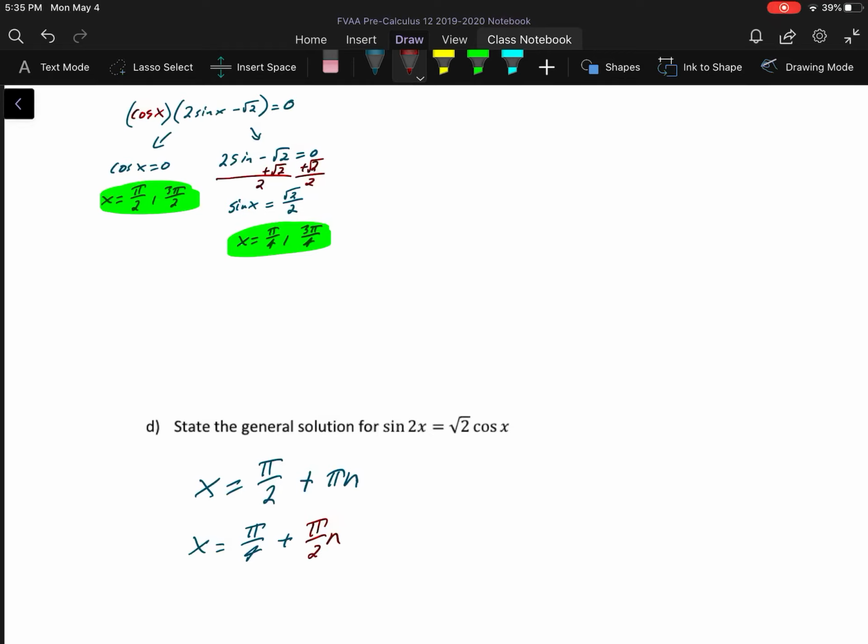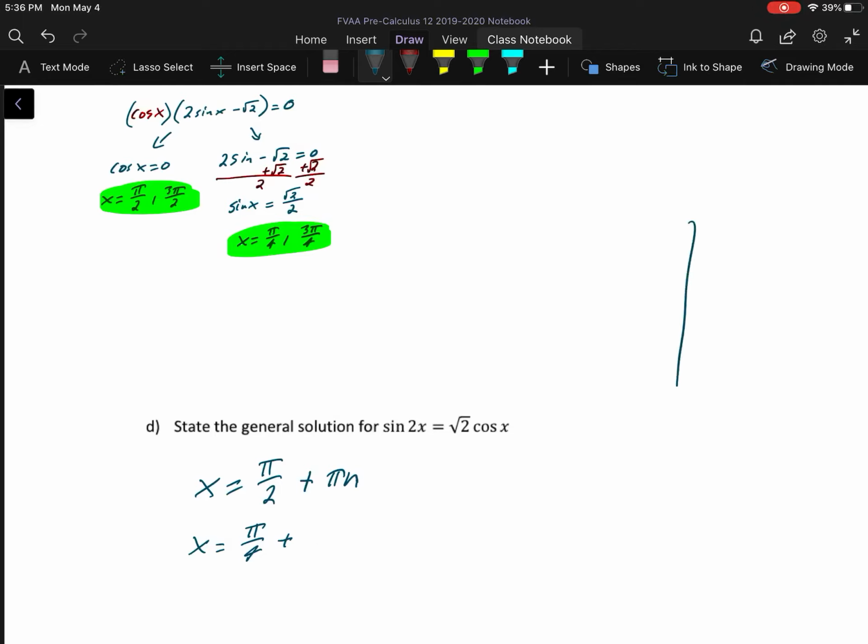However, the following solution I would get would be, no, it wouldn't be 7 pi over 4, it would be 5 pi over 4. And that's not a correct answer. So we can't use this.